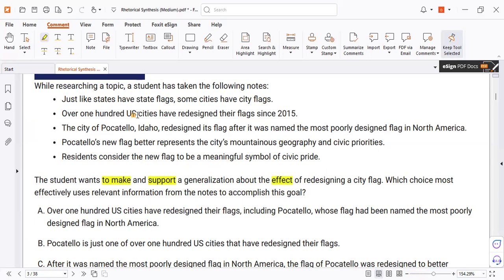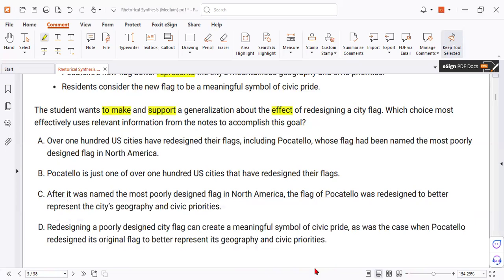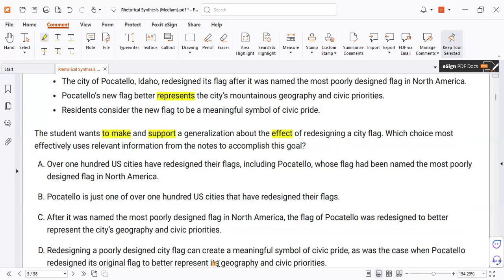Let's read. The answer is A. The letter A, but where is the support?